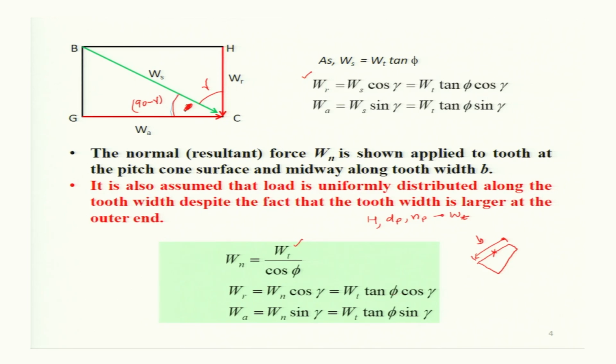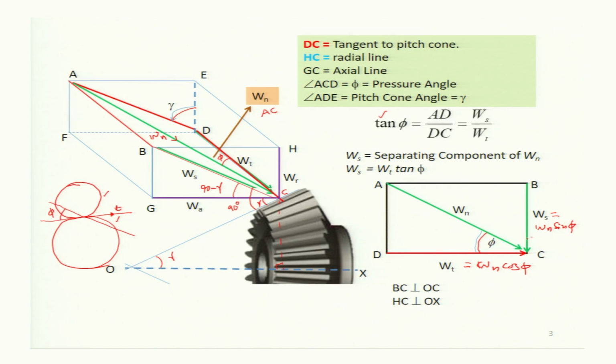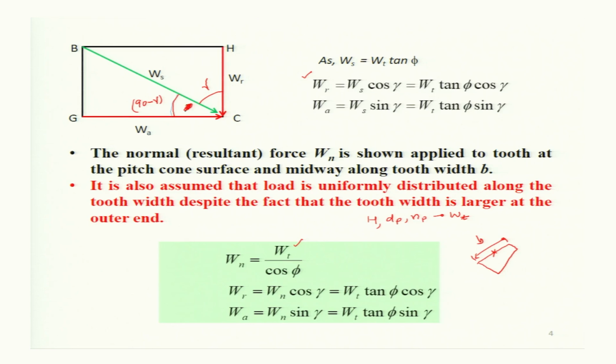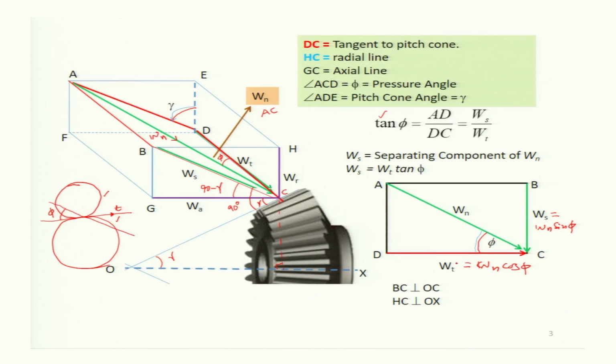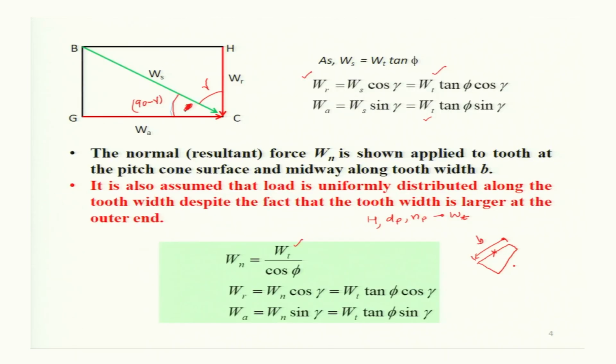We have one of the equations, that is Wt equal to Wn cos phi. So, from this we will get Wn equal to Wt divided by cos phi, and that is substituted, and Ws is already obtained like this. So, Wr is in terms of Wt and Wa is in terms of this. The forces are shown here.